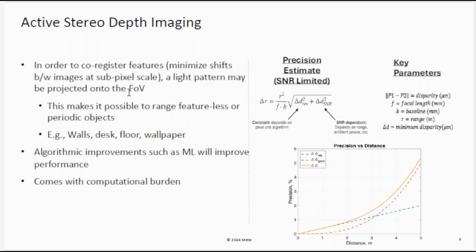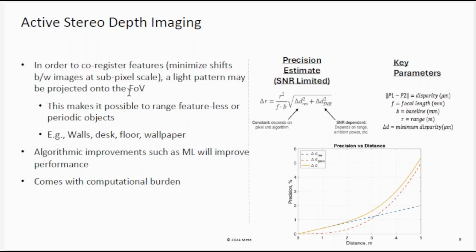Once again, though, like we talked about, the algorithmic challenges that come in ML, they don't go away. And on top of that, there is a limited benefit in terms of what you can get from the projector itself. If you look at this curve, it explains it pretty well. Generally, the precision, if you just go through the equations, what you find is you've got a part of the equation that shows that you are dependent on the actual pixel size and the algorithm that you use.